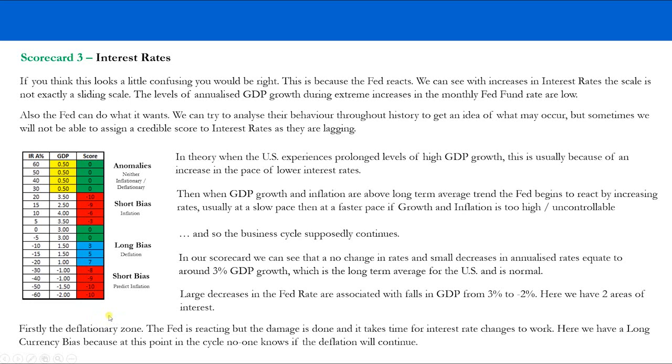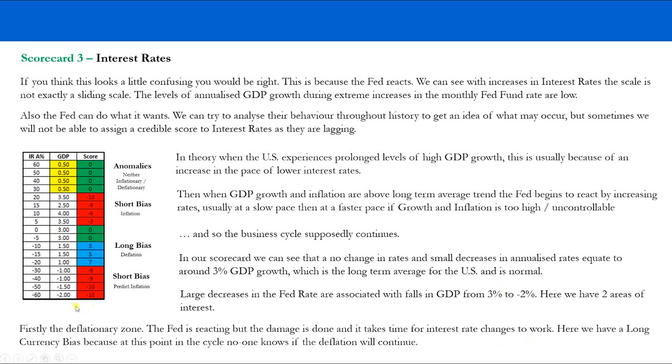The Fed is basically reacting here to lower GDP rates, but the damage is basically done. And it takes time for interest rate cuts, so aggressive interest rate cuts, to actually work. So here we tend to have a long currency bias because at this point in the cycle, no one really knows whether the deflation itself will continue and how long it will continue for.